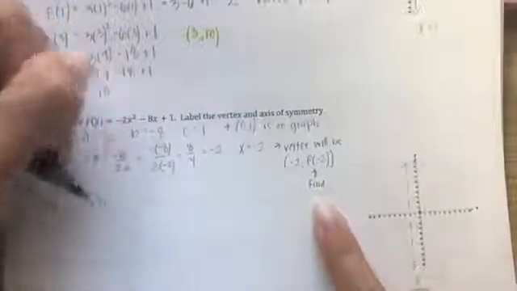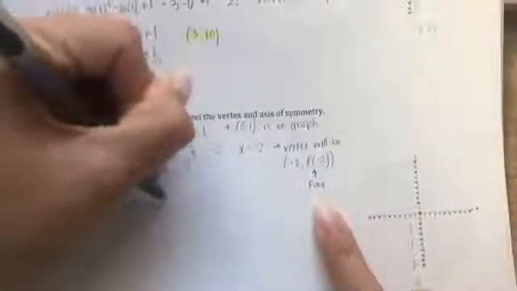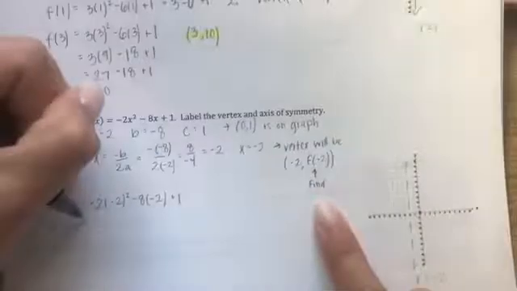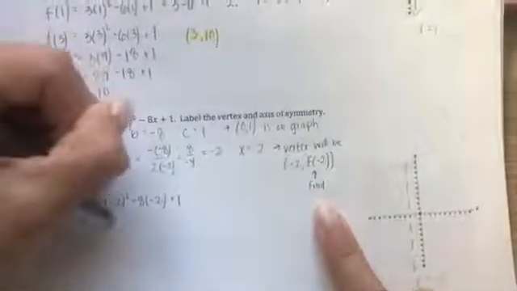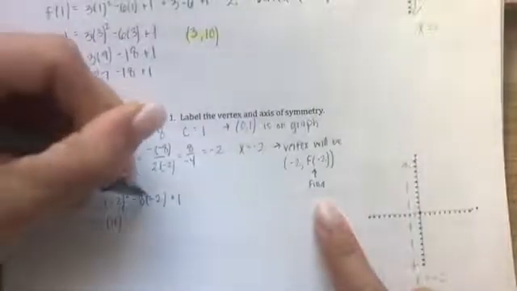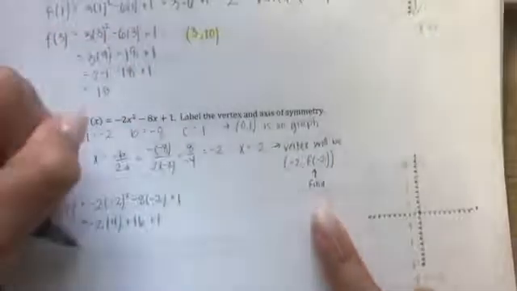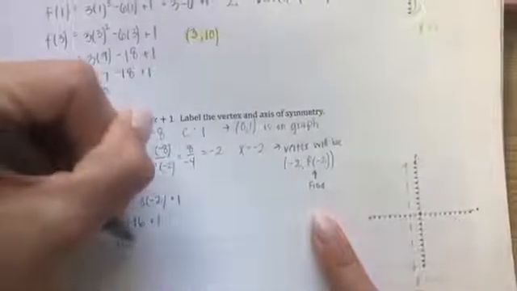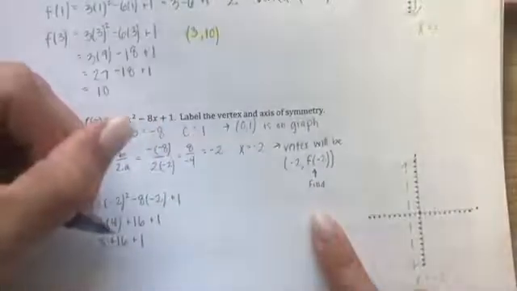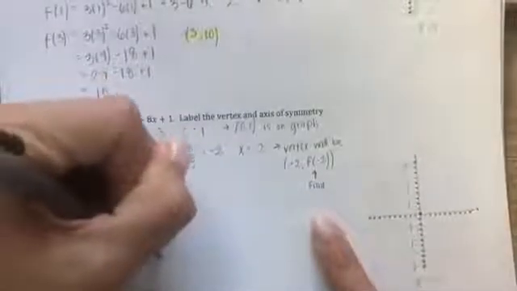So -2 times -2 squared, minus 8 times -2, plus 1. And then I'm going to square my -2 first. So -2 times +4, and then -8 times -2 would turn into +16 plus 1. -2 times 4 is -8, plus 16, plus 1. -8 plus 16 is 8, plus 1 would be 9. So that means that my vertex is (-2, 9).